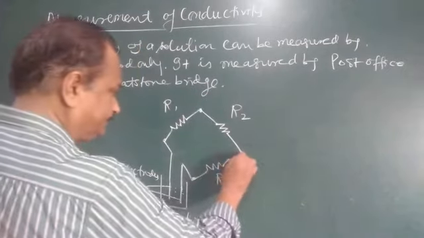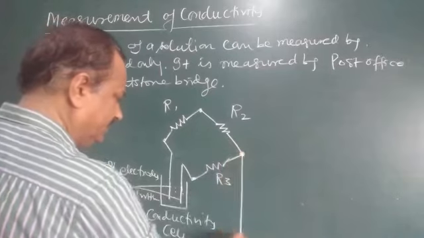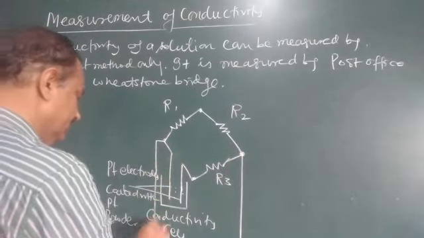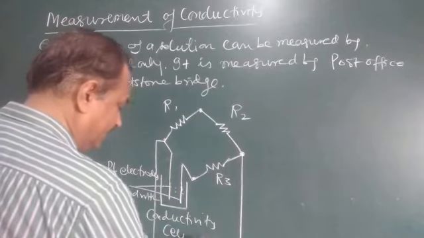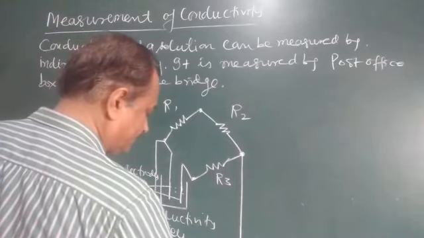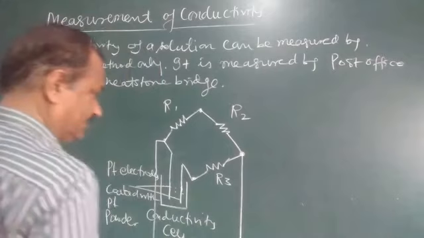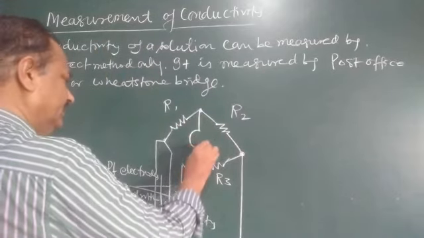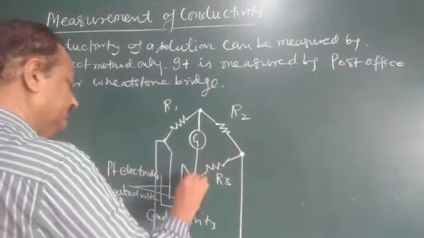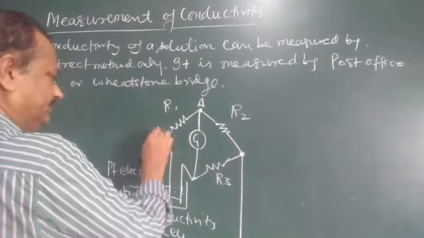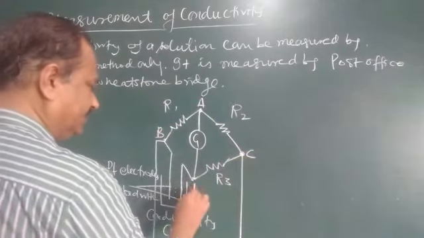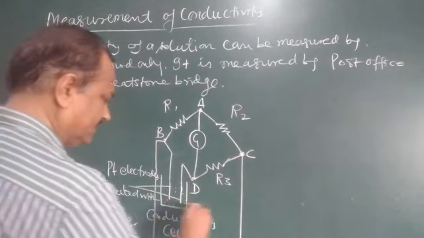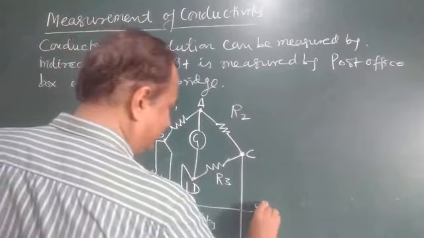Now see here. Again there is the supply of the current. This is the supply of current. Here we have the galvanometer. Let it be A, this is B, this is C, this is D. This contains the electrolyte.